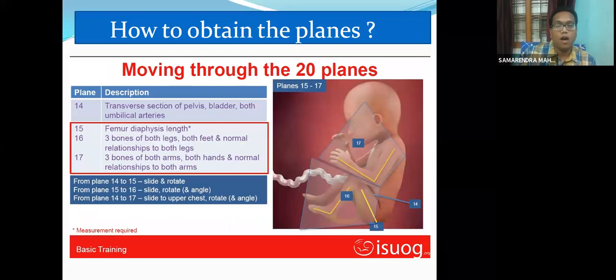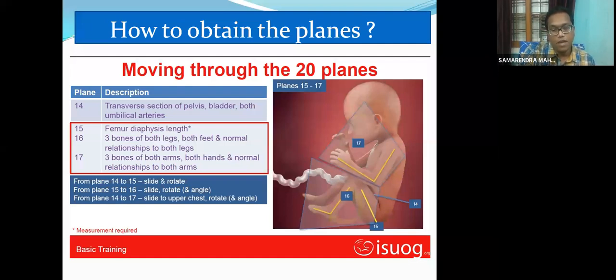So the question is how to obtain the planes. The baseline is plane 14, which is the transverse section of the pelvis and bladder. From plane 14, when we descend, slide, and rotate our probe, we will get plane 15, the femur diaphyseal length. And from plane 15, when we slide down and rotate, we will get plane 16.